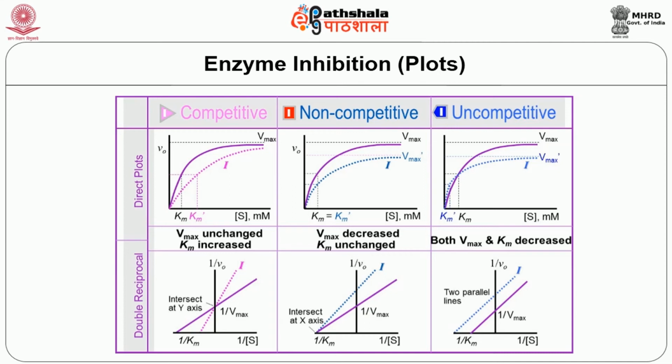We need to understand that because the inhibitor is also competing for the active site, the affinity of the substrate towards the enzyme is getting more and more reduced, which is indicated by the increased Km value. Now let us look at a non-competitive inhibition case. The Vmax is decreased, but the Km remains unchanged.